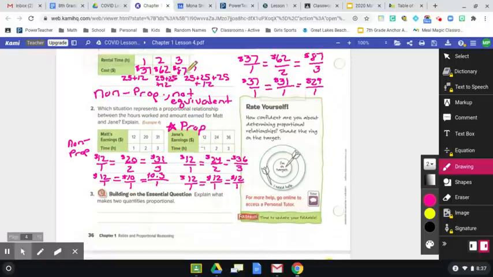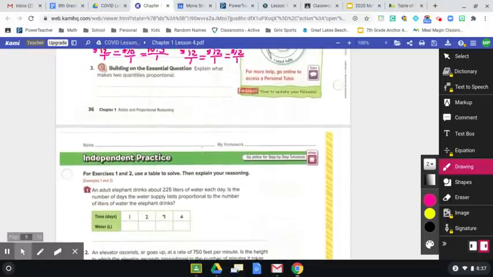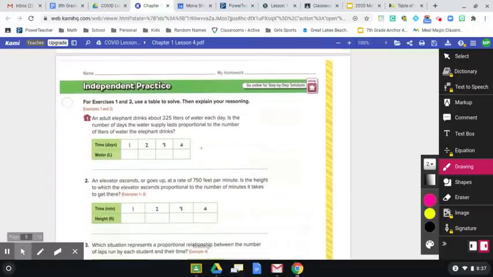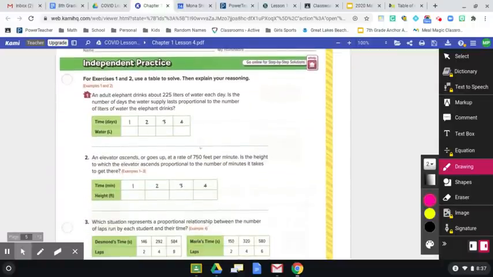So we're going to go to the next page. And you're going to try on the independent practice here, the first three. So right here, number 1 and number 2. Now, part of those tables are already filled in for you. So you're going to fill in the remaining pieces based on the story for both 1 and 2.